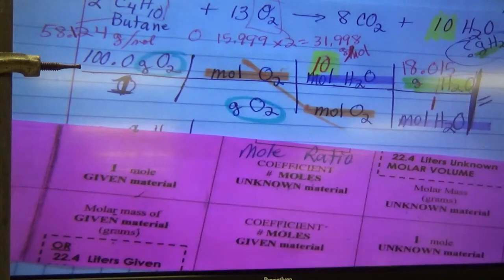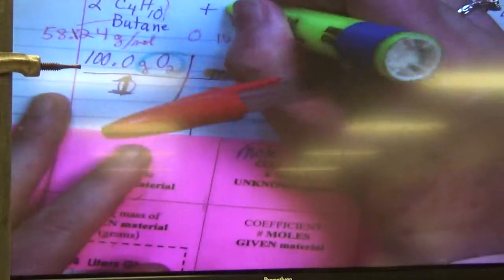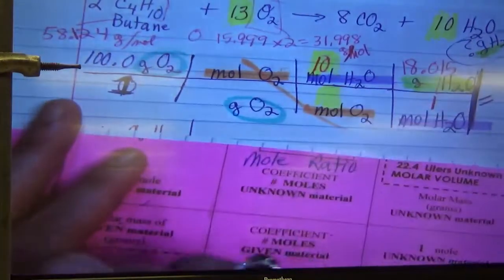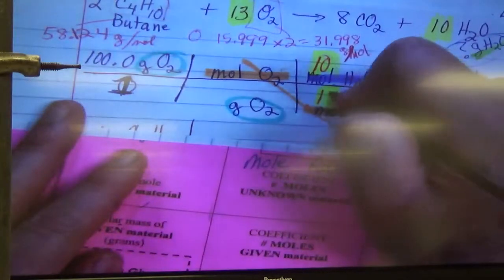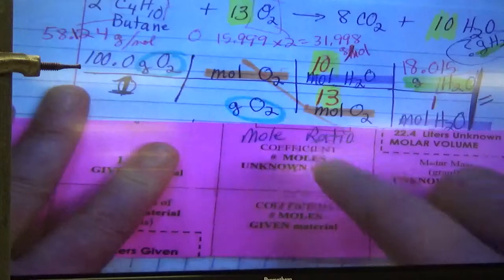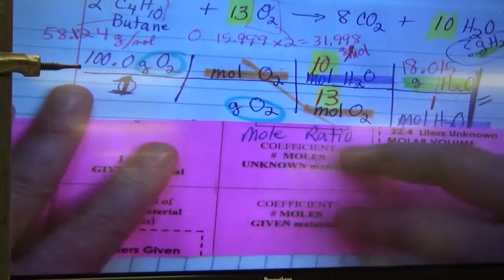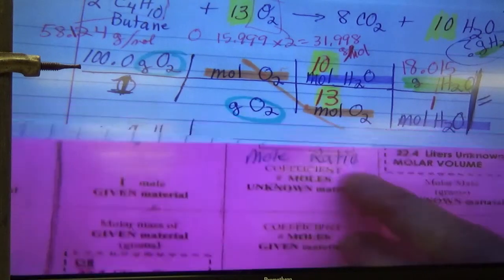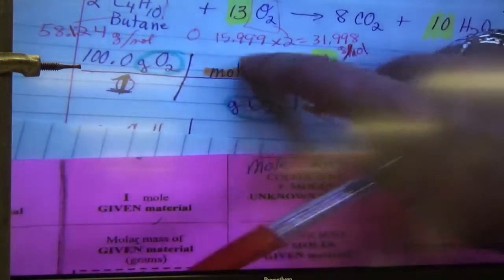Go to the equation. Yeah, it's 13. Oxygen has 13. Does everybody see why I picked 10 for the top and then 13 for the bottom? Coefficients, the foldable says use coefficients on the mole ratio. Got them. Questions?